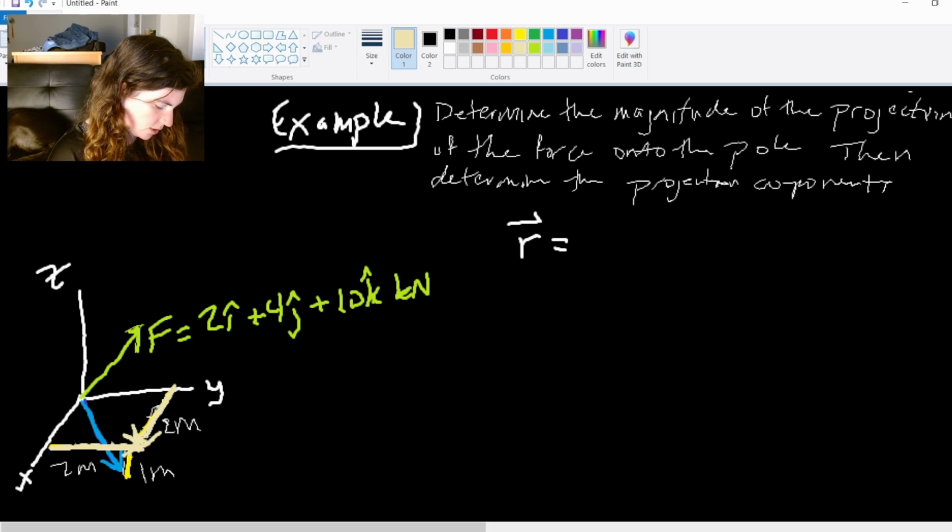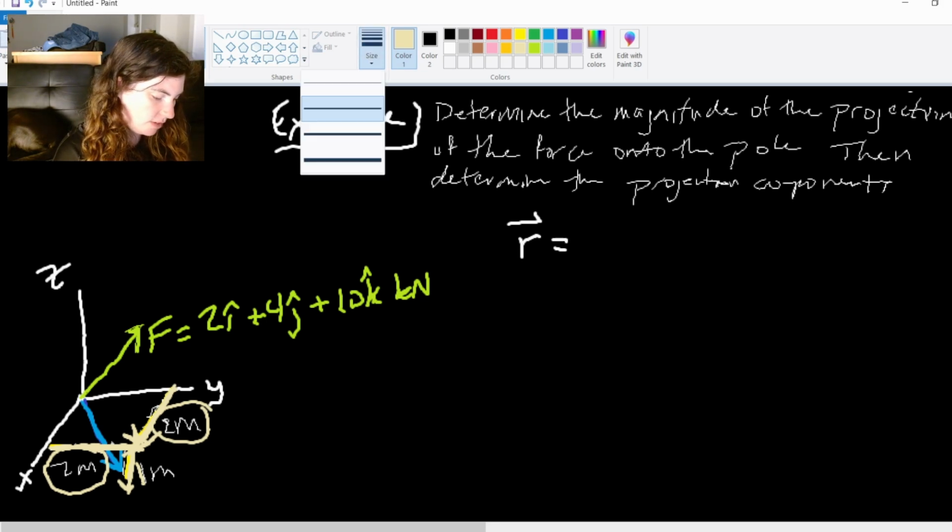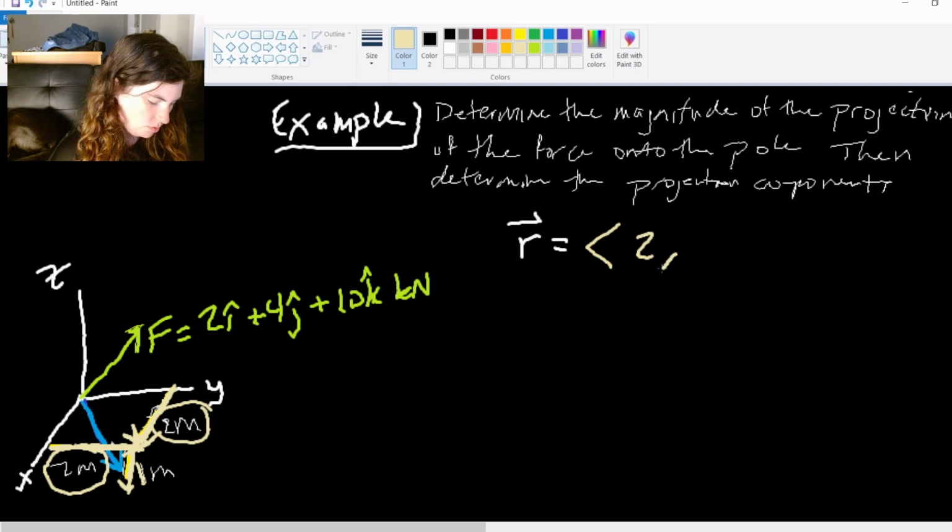This is the x direction here, the positive 2 meters, the positive y direction, this 2 meters, and then we're going down by 1 meter in the negative z. And that's, of course, coming from the origin. So our vector is going to be 2, 2, negative 1, out from the origin to the point.